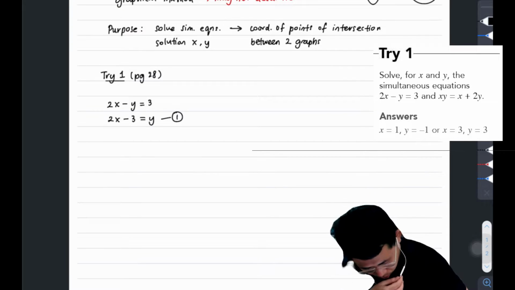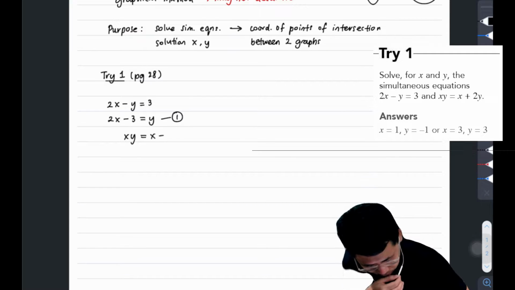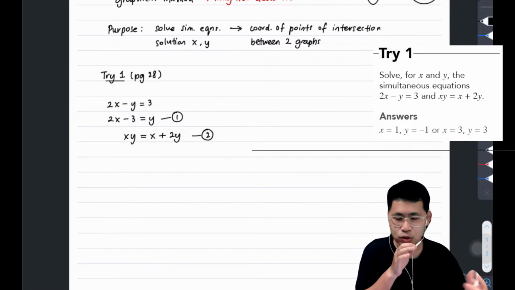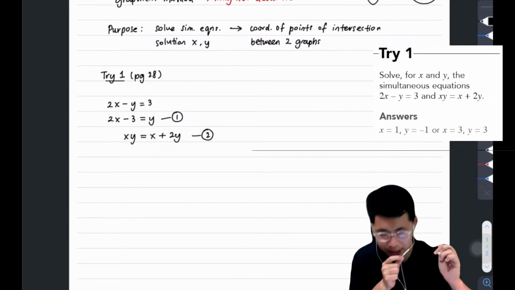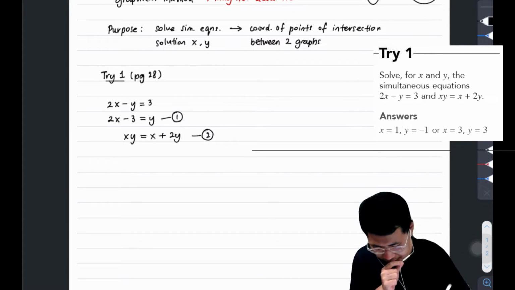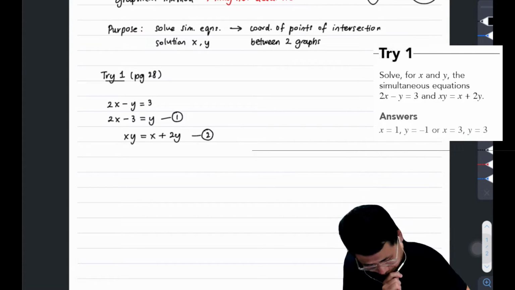Next one, equation 2, we have xy equals x plus 2y. So I'm just going to let this be equation 2. I will just need to sub equation 1 into equation 2. One more time, we want to remind you, ever since last year, label your working carefully. So we substitute equation 1 into equation 2.